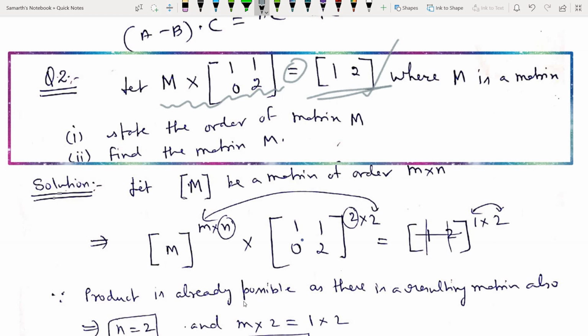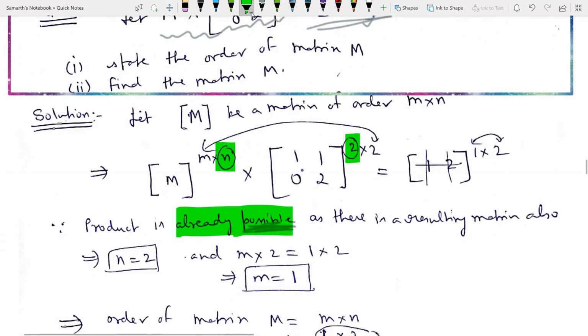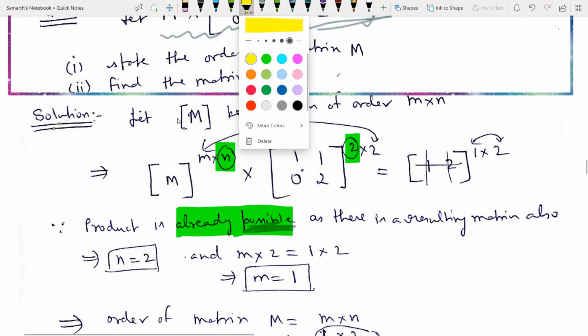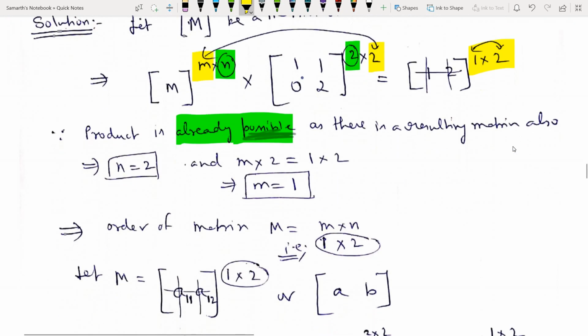Suppose the order of the first matrix M is m by n, and the order of the second matrix is 2 by 2. That means n should be equal to 2, because the product is possible. The number of columns of the first matrix is equal to the number of rows of the second matrix, and it is a must.